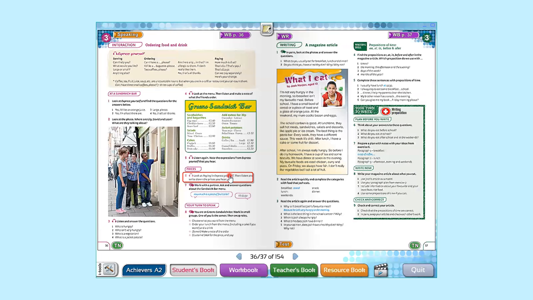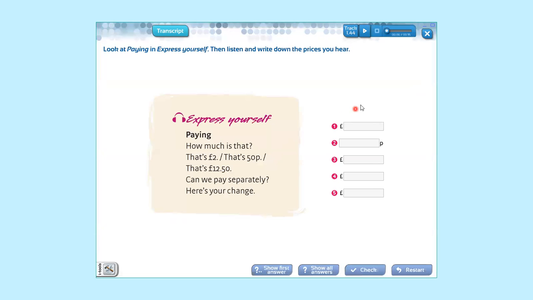With this audio, we are going to check the next activity, expressing the payment, how much they are going to pay. Here in this case, I am going to show all the answers because you have them in the menu.